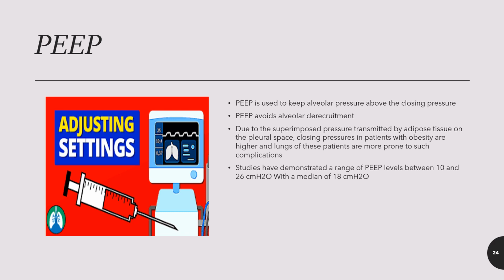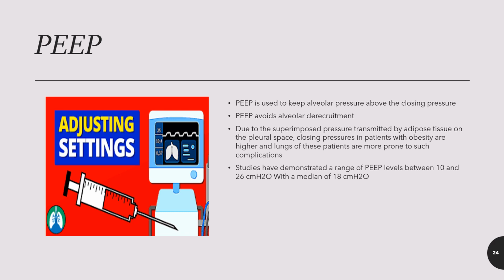So the idea is to keep the alveolar pressure above closing pressures, which these particular patients have very high. The problem, and why PEEP is needed, is the superimposed pressure transmitted by adipose tissue on the pleural space. What that means is it takes more pressure to pop open those alveoli.